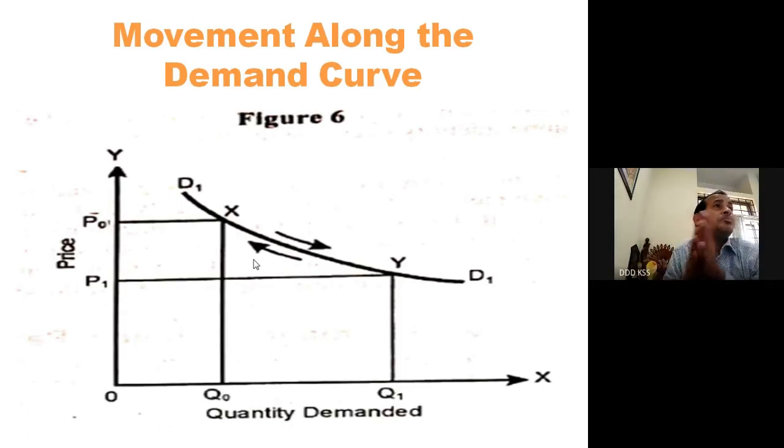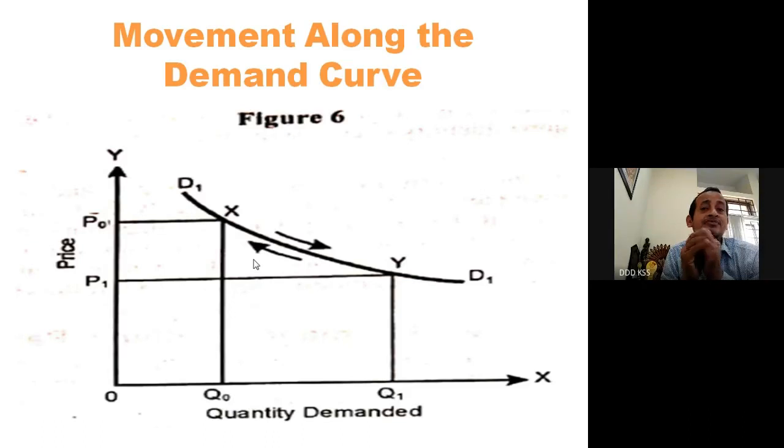Now, in the law of demand, price plays a very active role. When we talk about movement along the demand curve, here also price will play a very vital role, and the family need will be silent or passive in manner.